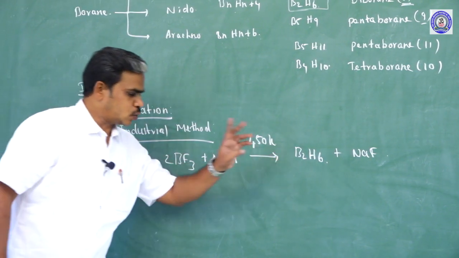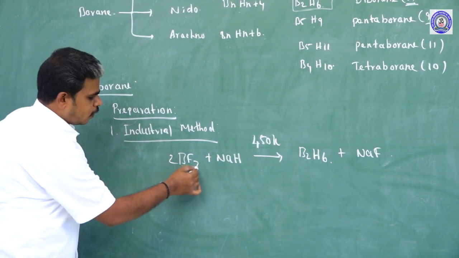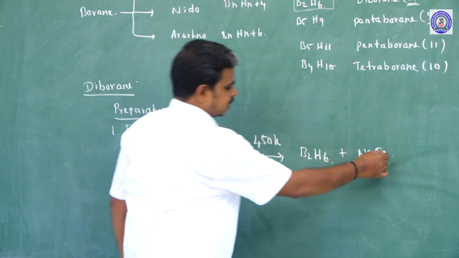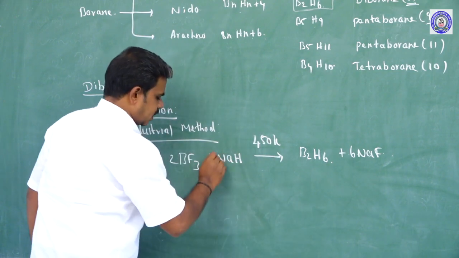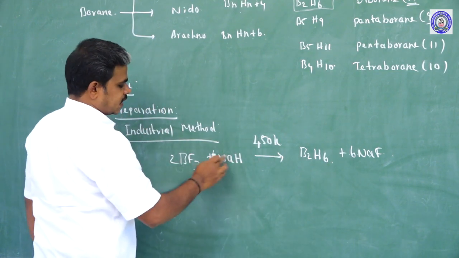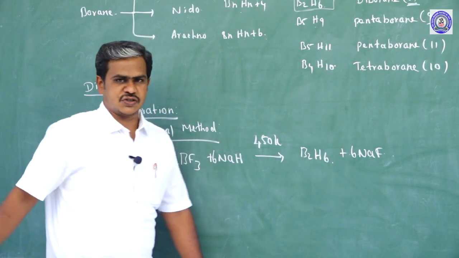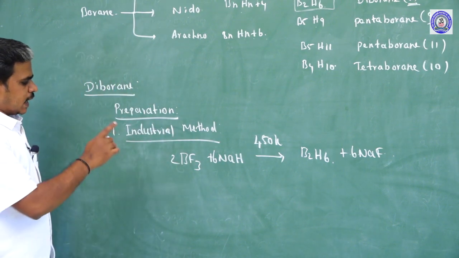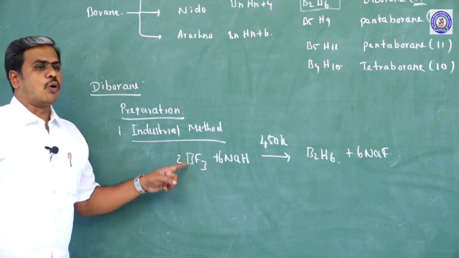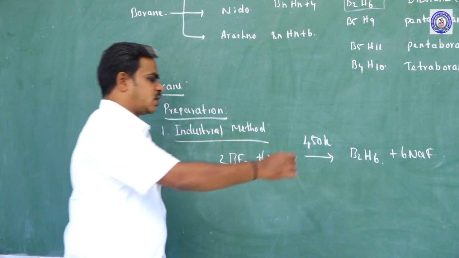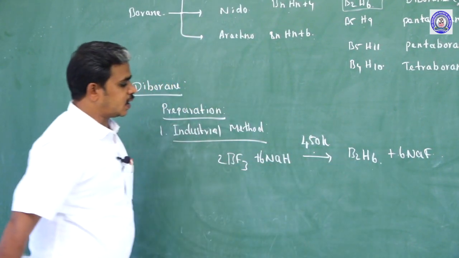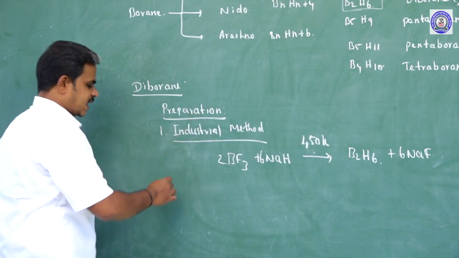Fluorine, 6 fluorine, so here it is 6. 6 Na, so here it is 6. And 6 hydrogen, so it is balanced. So, in the industrial method, boron trifluoride is treated with sodium hydride at 450 Kelvin to get B2H6 diborane.